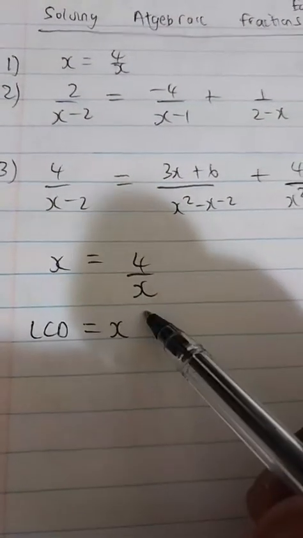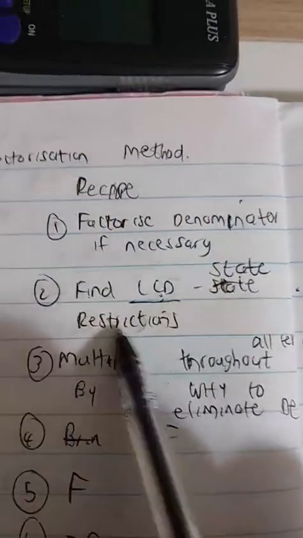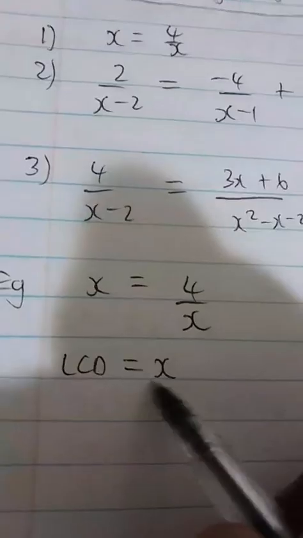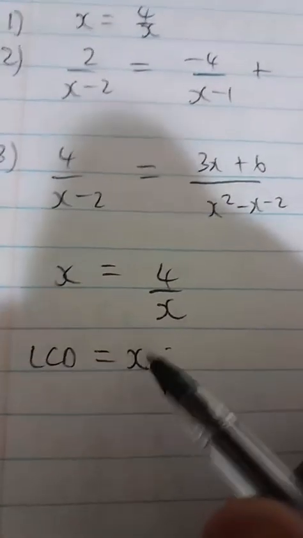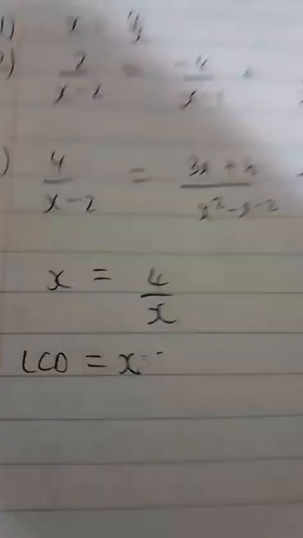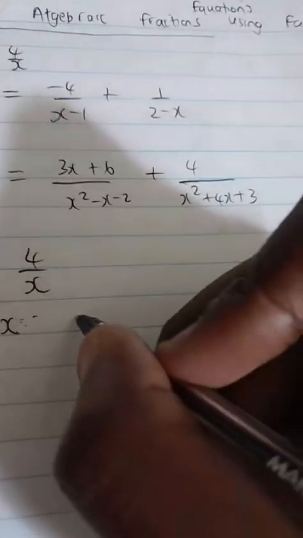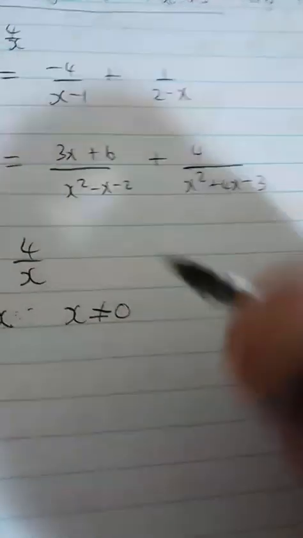Then remember, we also state the restrictions. In other words, this LCD, which is the lowest common denominator, what value of x can this denominator not be? We know that x as the lowest common denominator cannot be 0.